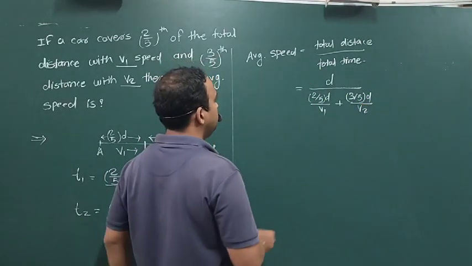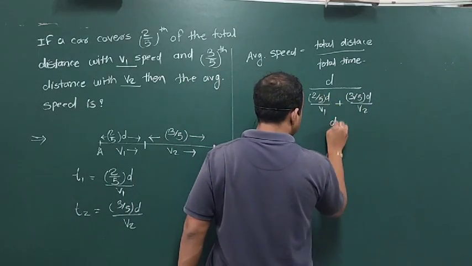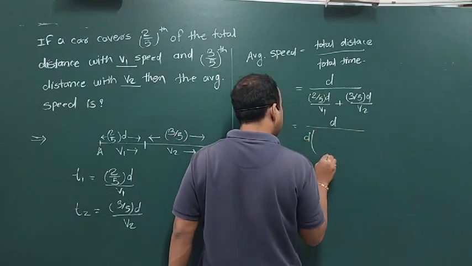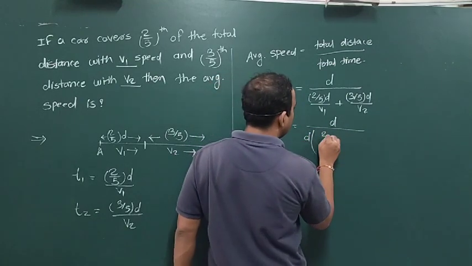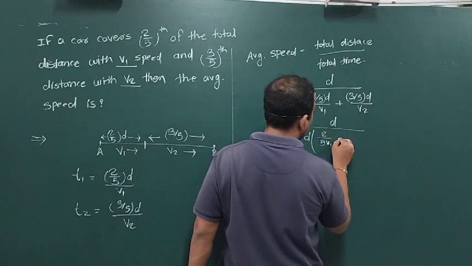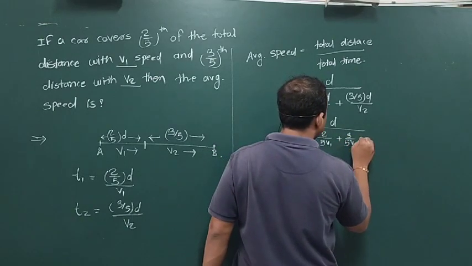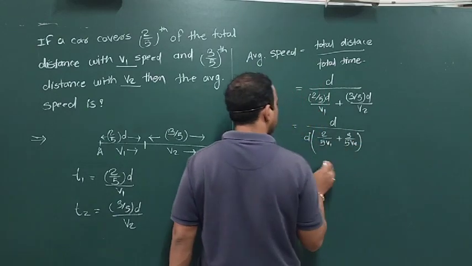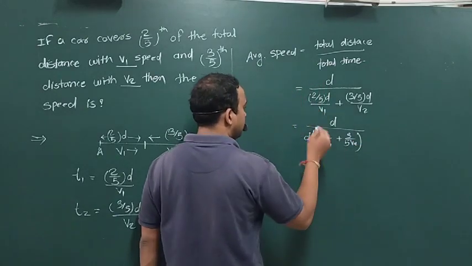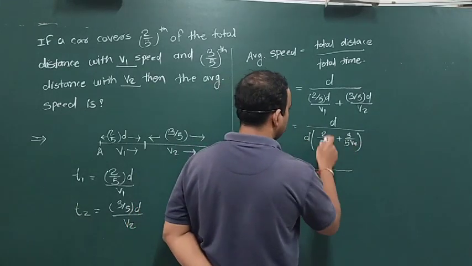Okay, now see here, d gets common, so d upon d into 2 by 5 v1 plus 3 by 5 v2. Okay, d gets cancelled, so we get 1 upon this.